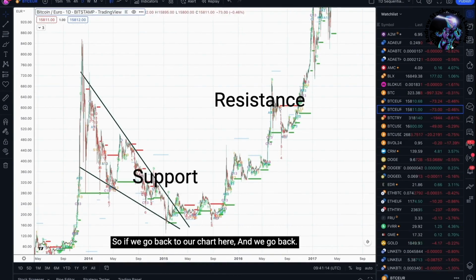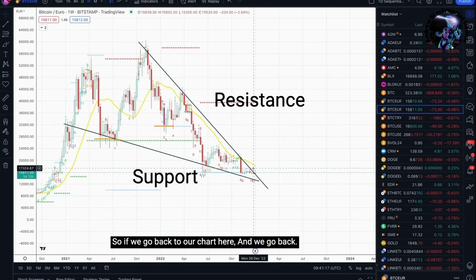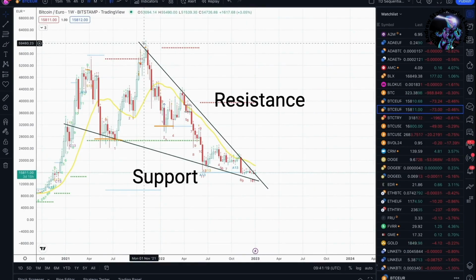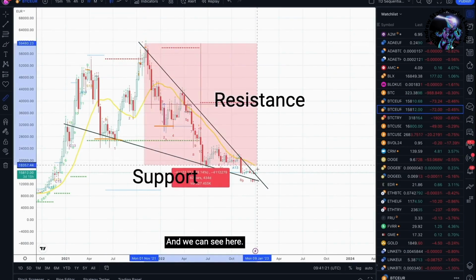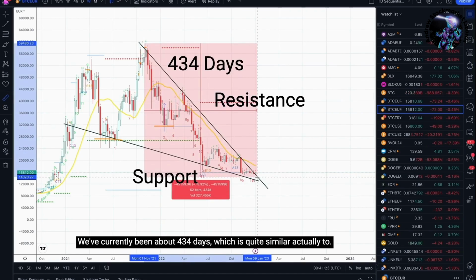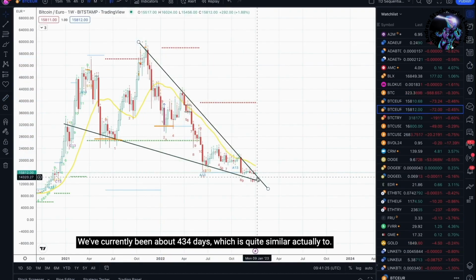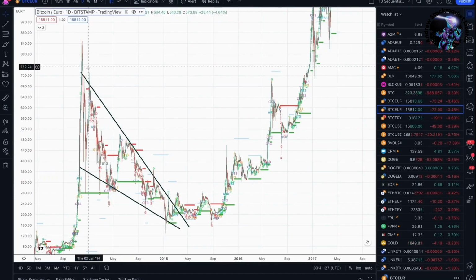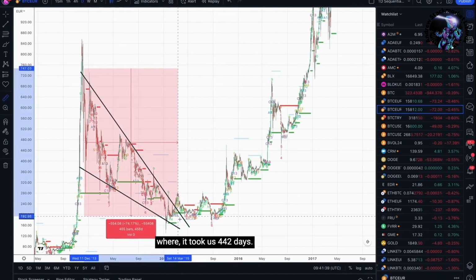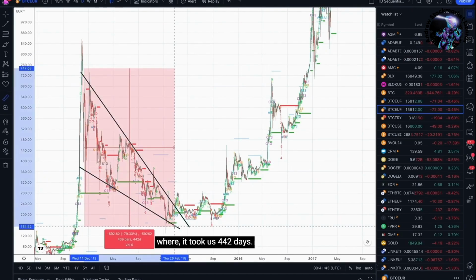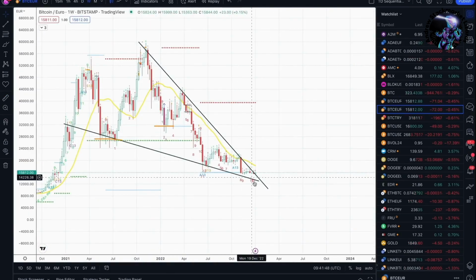So if we go back to our chart here, we can see we've currently been about 434 days, which is quite similar actually to 2013, where it took us 442 days. So we're somewhat in the same region here.